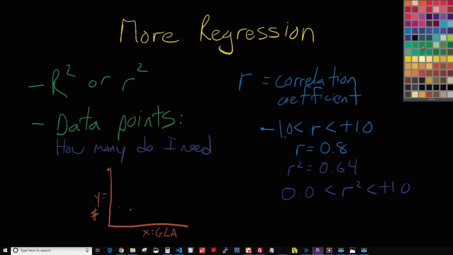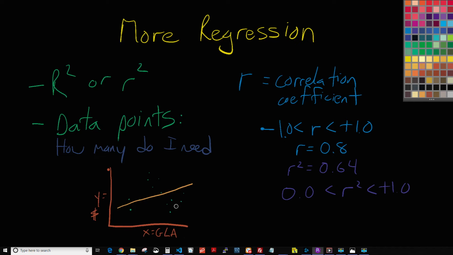We might have some sales like this, maybe one way up here, down here, and then over here like this. You can see the data goes up, then goes down quite a bit, and then goes up a little bit more. And in this case, the regression line might look something like this.